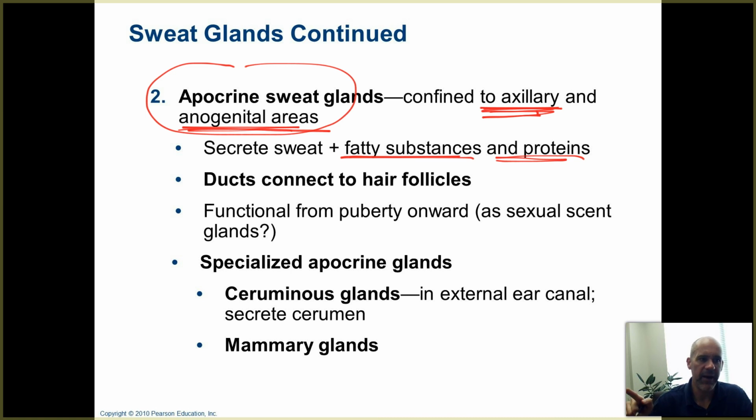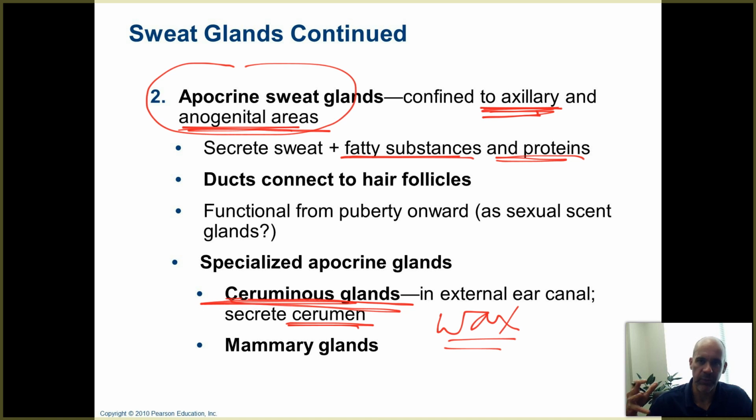There are some modified apocrine glands, which means that they're technically apocrine glands that have taken on different functions in different parts of the body. So actually in your ears, the external ear canal, you have ceruminous glands, which secrete cerumen, that's earwax.